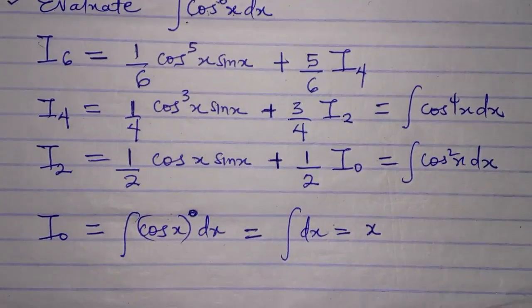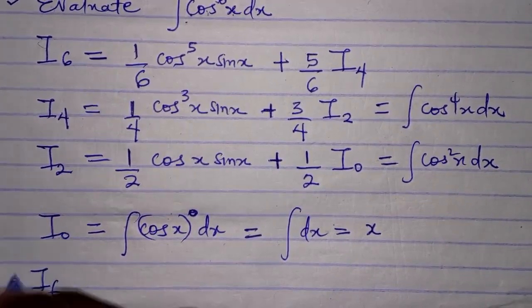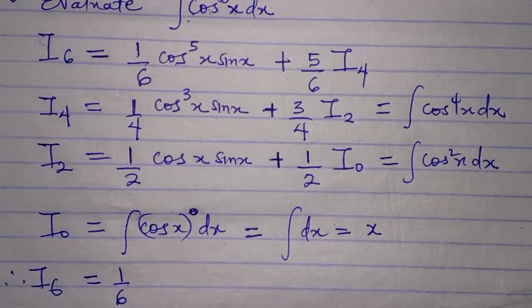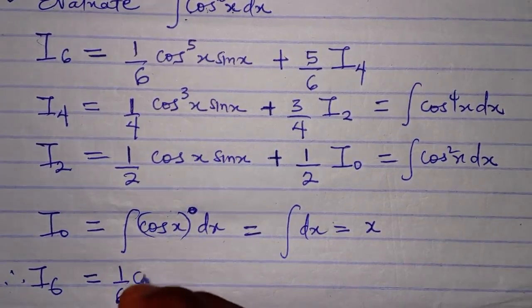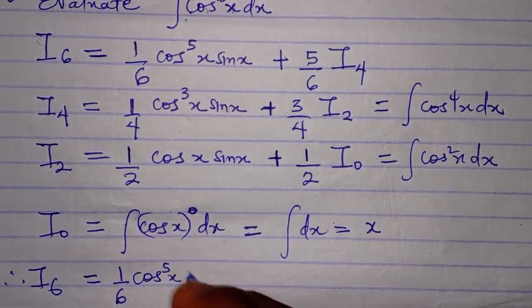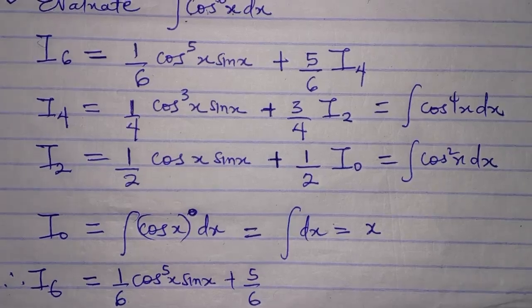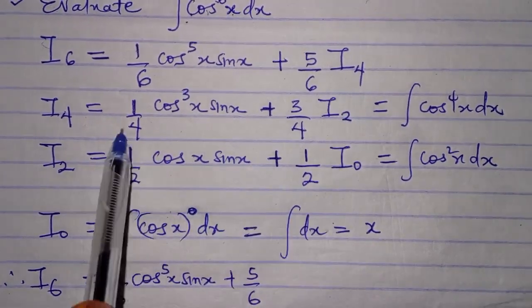So I6 therefore is equal to 1 over 6 cos^5 x sine x plus 5 over 6 I4. For I4 I'll be writing this.